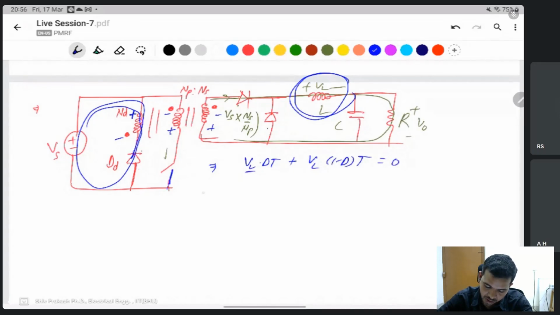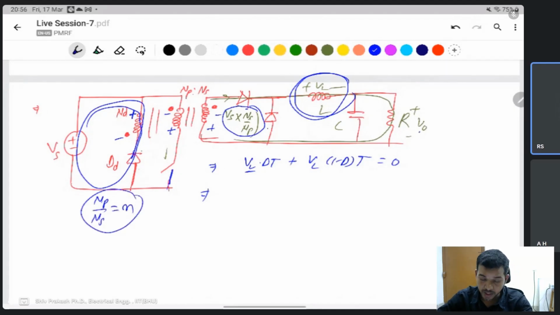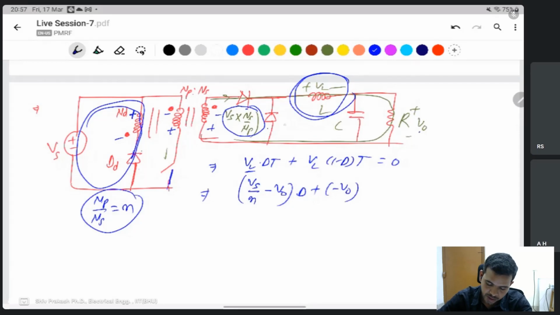When the switch is on, this voltage minus V0, taking Np by Ns as N, gives Vs by N minus V0 into D. When the switch is off, the current flows like this, and the output voltage is minus V0 into (1 minus D), like a buck converter.